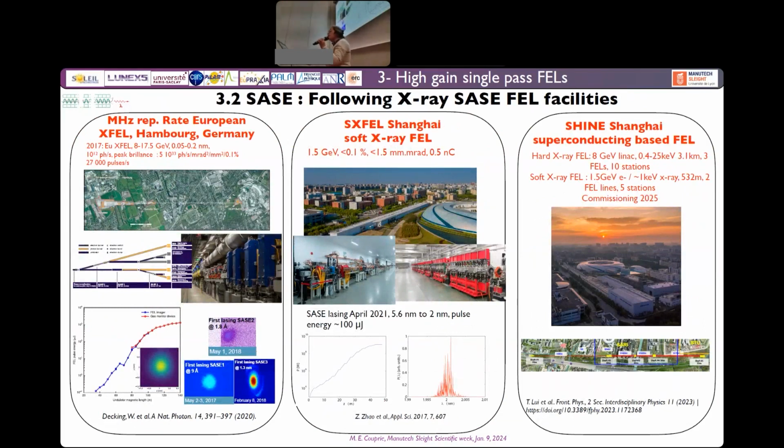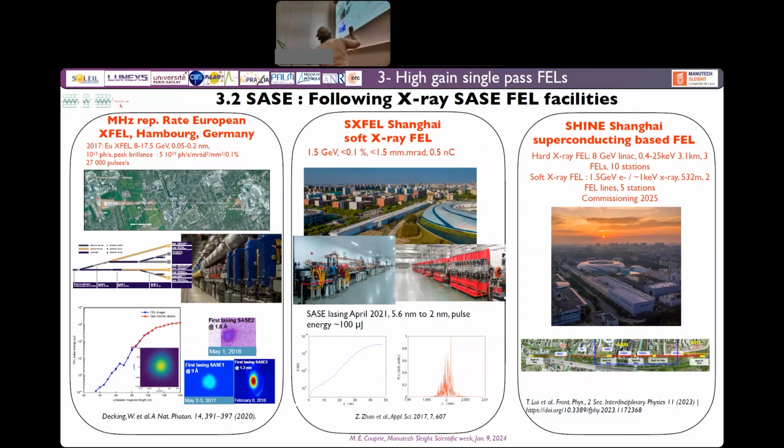Then in Europe, France is contributing to the European XFEL, which is in Hamburg. It's a 3 kilometer machine using a superconducting linear accelerator, so we can have very high repetition rate radiation. There are different series of undulators providing radiation to different experimental stations, and you see again this exponential growth and the lasing on the different branches.